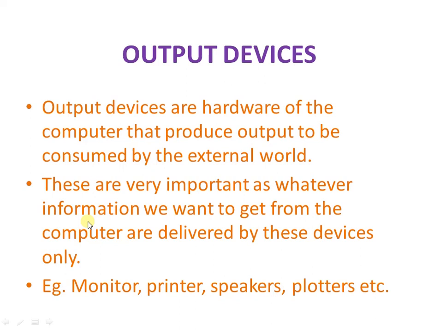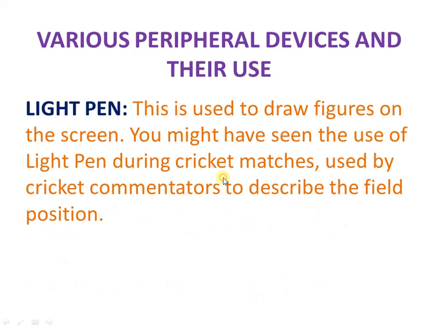We are still working on a computer only with the help of the monitor, because if there is no monitor, we would not know what we are doing on the computer. So that is the basic output device. The first important output device is the monitor, then we have the printer. These devices are equally important as input devices. Examples: monitor, printer, speakers, plotters, etc.